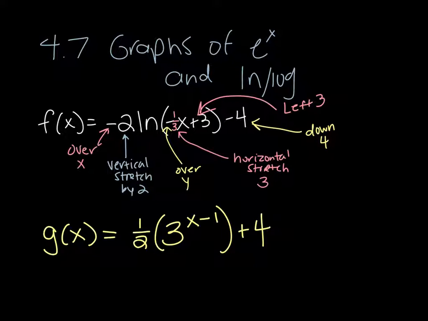Okay, so you do this one. Same thing, but now it's exponential. So the only thing that would have changed is what the original parent function looked like. Describe the shifts that would be happening. If you had 1/2 times 3 to the x minus 1 plus 4.